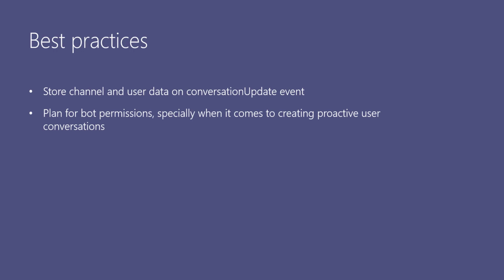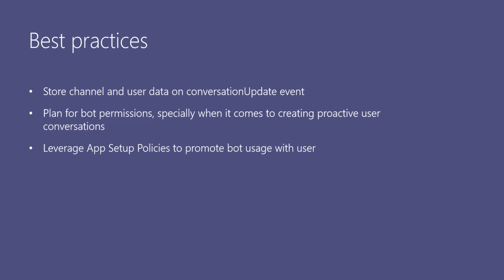You should plan for the bot permissions, because if you want to send a proactive message to a user, the user needs to be aware of this bot, and that could be done in two ways. First, the user installing the bot directly, or the user being part of a team where the bot is installed. So those are the two possible ways to achieve that.